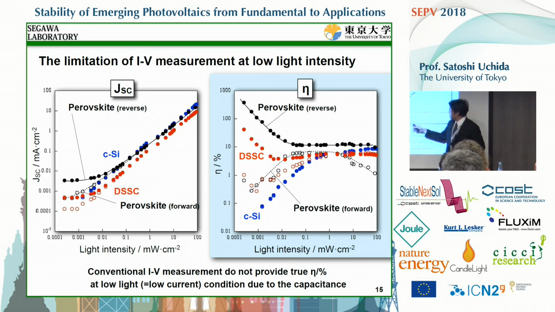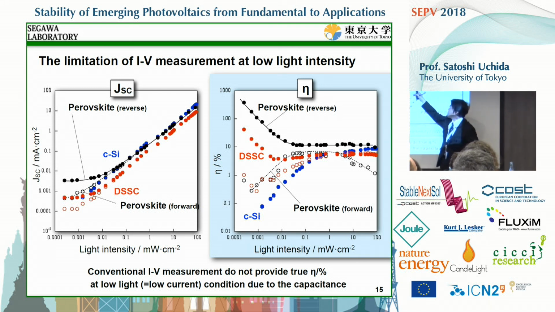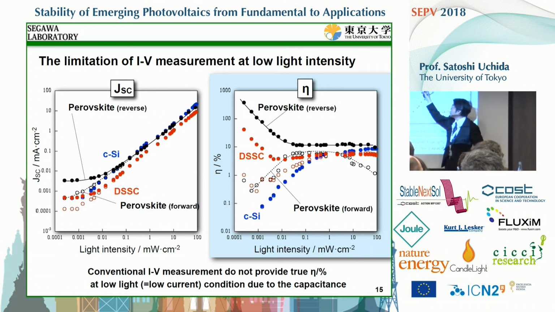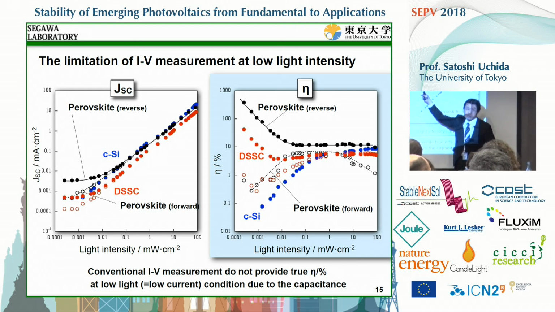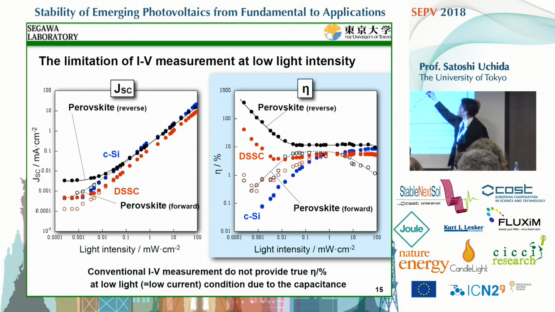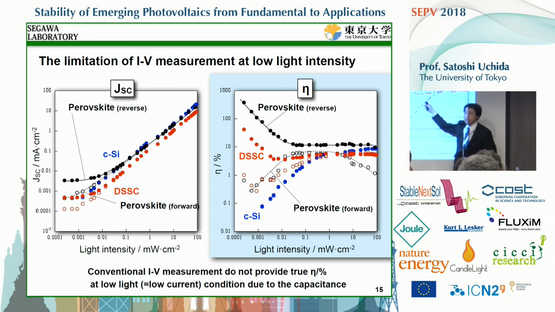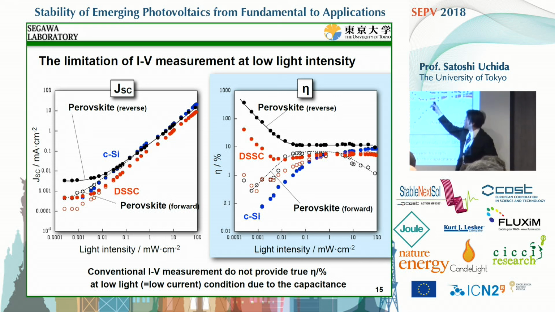But after reaching a certain level, suddenly the cell performance reaches 100%, something wrong. Because this is a reverse scan, that means hysteresis suddenly appears, and therefore the scan is also a bit strange.